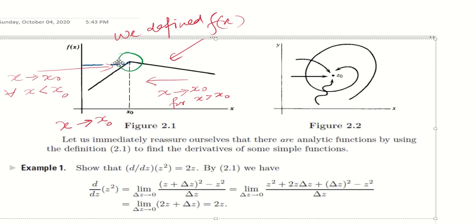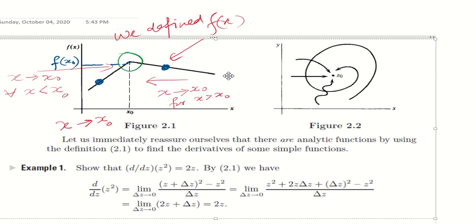This is f of x naught. So our direction of approach does not matter. Whatever we do, we reach the single value, and this is true for any other point. You can define any other point here and do the same treatment, or here. It will not matter. You will always get f of x naught.